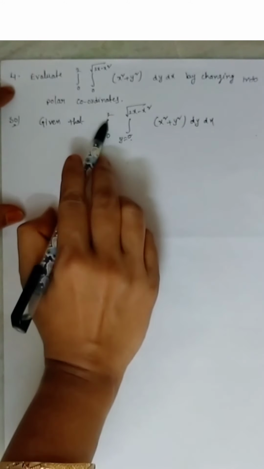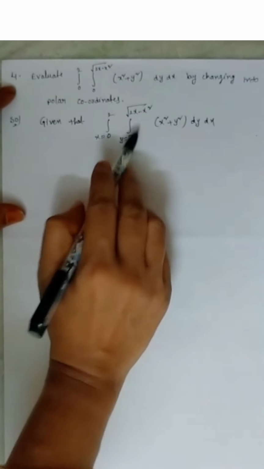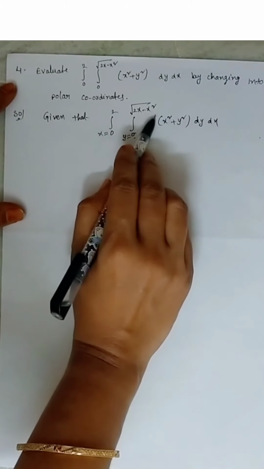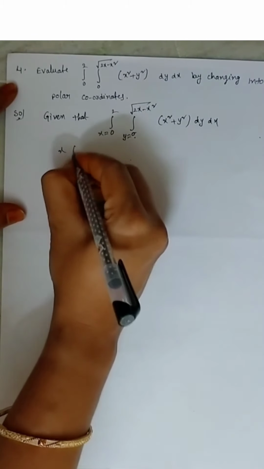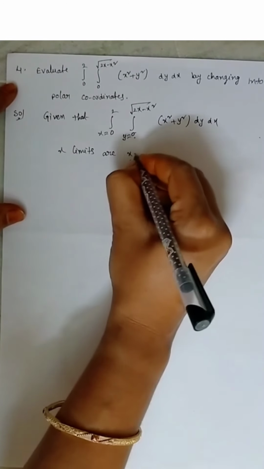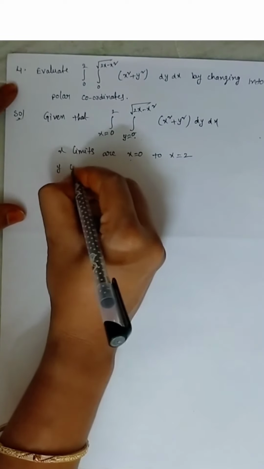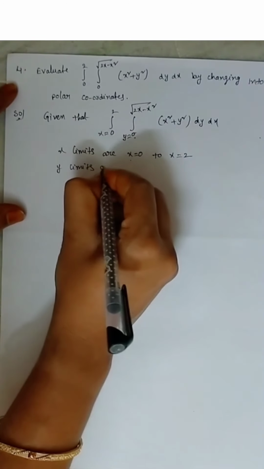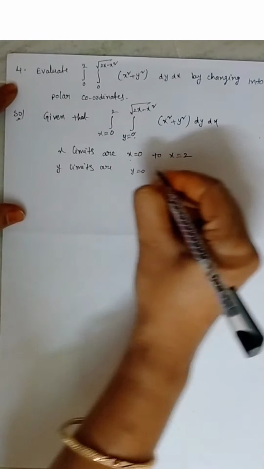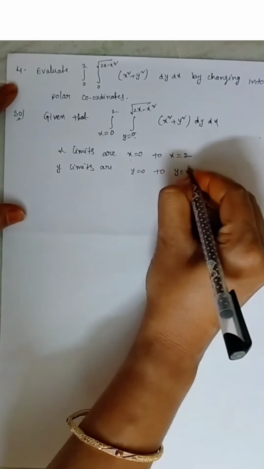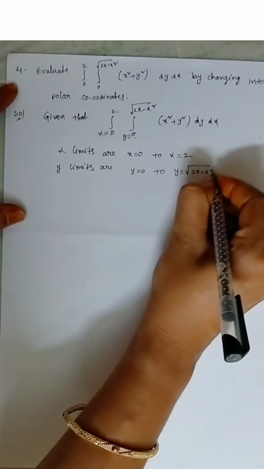Integral x equals 0 to 2, integral y equals 0 to root of 2x minus x square. So therefore x limits are x equals 0 to x equals 2. Y limits are y equals 0 to y equals root of 2x minus x square.